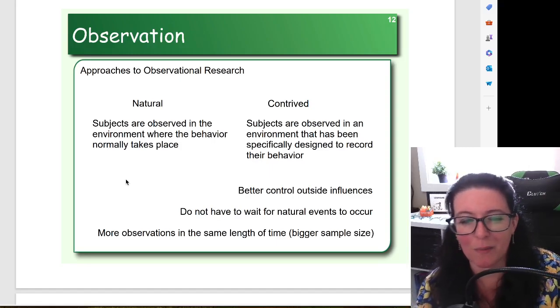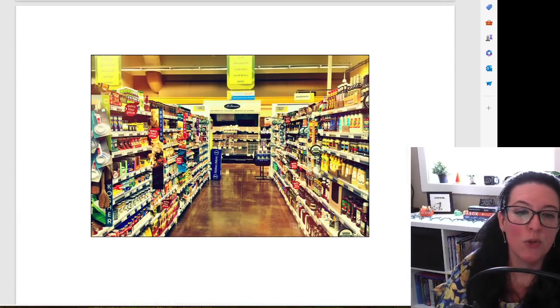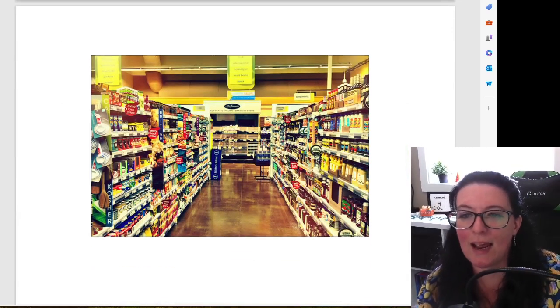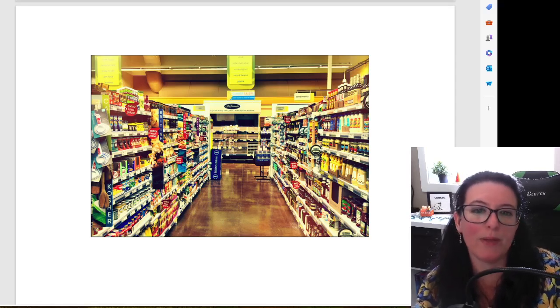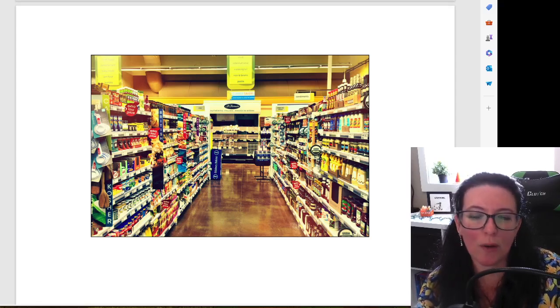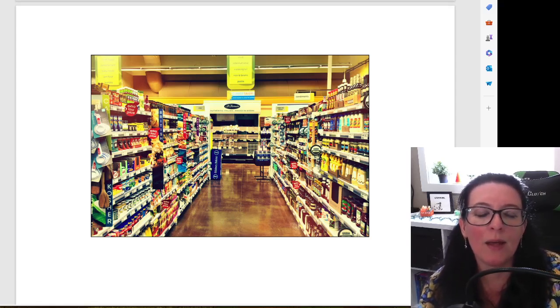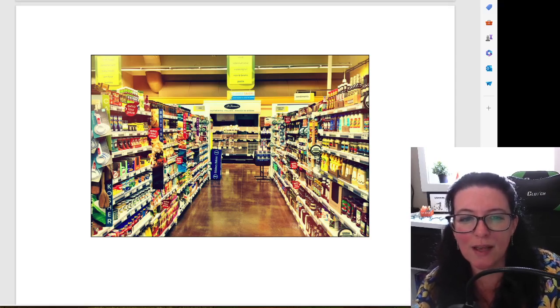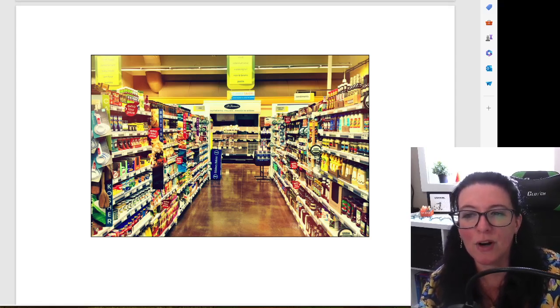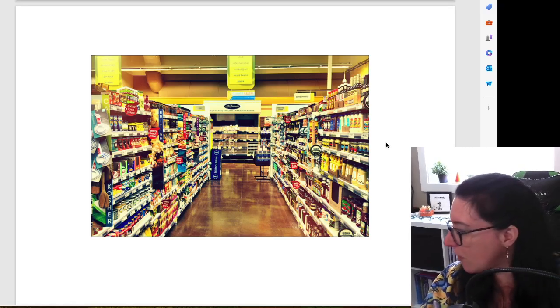So, for example, we could create 2 aisles in what looks like a grocery store. So maybe we take an empty bay in the mall and we create this little mini version of a grocery store by creating just a couple aisles. We bring people in and we simulate the shopping process and we observe their behavior when they're picking out their particular products.